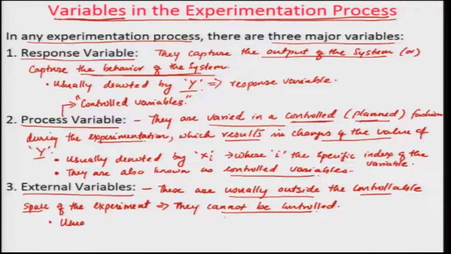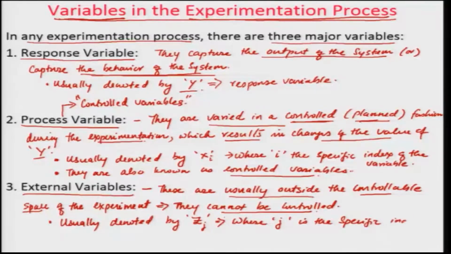They are usually denoted by z, with subscript j, where j is the specific index of the variable.